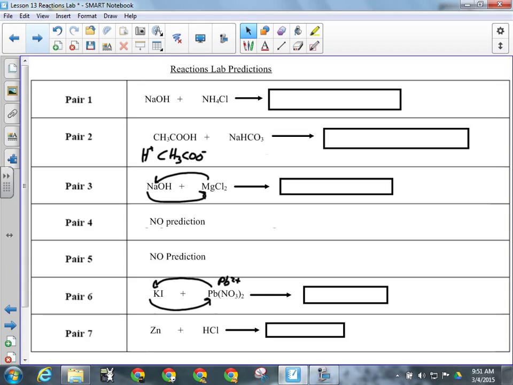I will give you one little tip. The gas that was formed in this reaction is carbon dioxide. Now that carbon dioxide came from here.